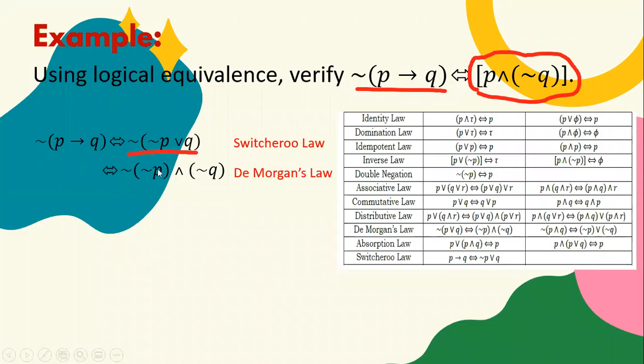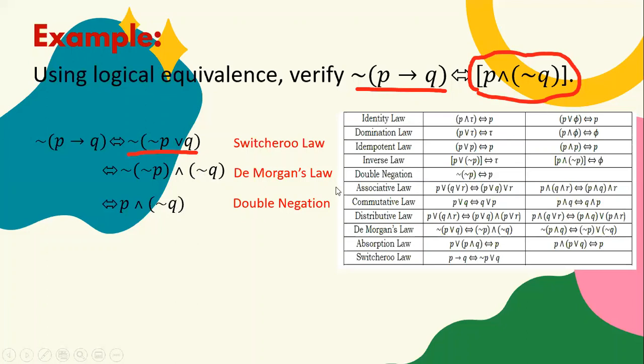And then, since may double negative tayo dyan, ibig sabihin, ang gagamitin na natin is the double negation. So pagdating sa double negation, ito na po yung lumabas. Since yung negation natin is for this one lang, kay P, then hindi na sakop si Q. Ito na po siya.